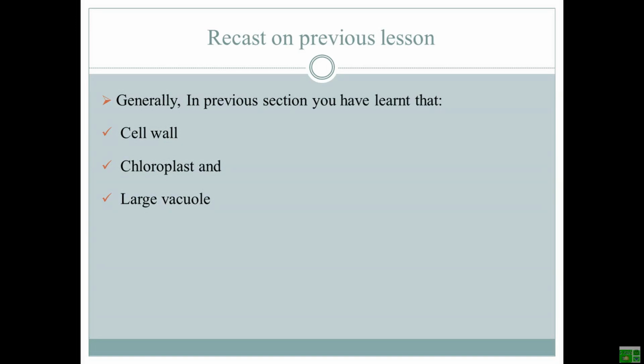The vacuole found in a plant cell is large and mainly situated at the central part of the plant cell, unlike in the animal cell. Those are the main topics that have been discussed so far in the second lesson of the third week.